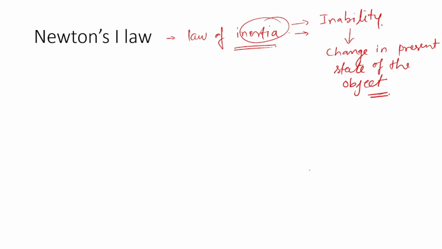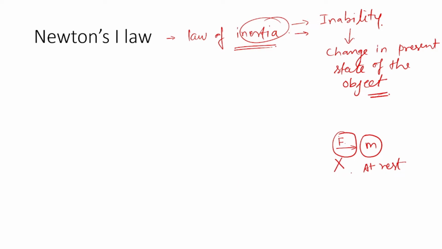Now imagine there is a mass m which is at rest. This mass is simply at rest if you do not apply any force from any side. Imagine there is no force acting on this object, and the force which I have drawn is not there.